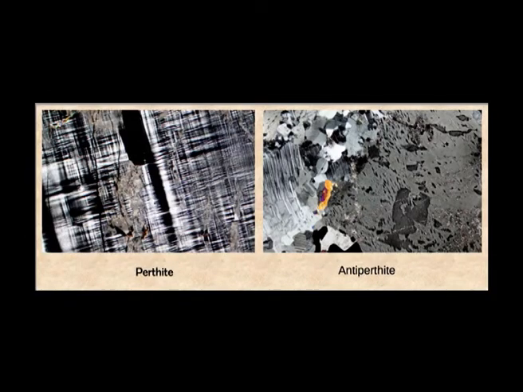This is a diagram which shows the perthite texture and the antiperthite texture. As you can see, within the alkali feldspar, that is microcline, plagioclase crystals are growing, which means perthitic texture. And in the antiperthitic texture, within the plagioclase, the orthoclase or potash feldspar is growing, which means it shows antiperthitic texture.